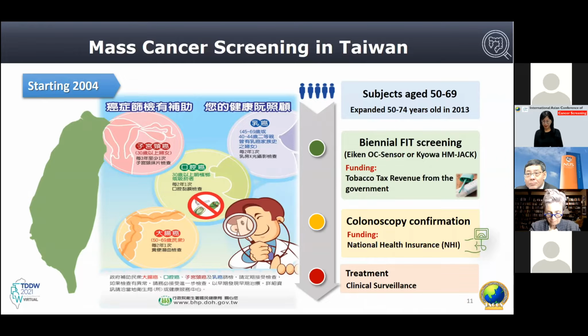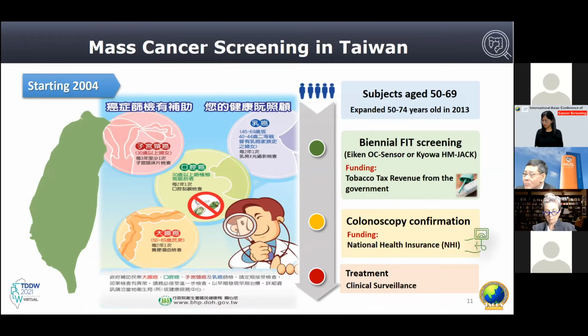We offer biennial FIT to the general populace aged 50 to 69, and the upper age limit was then increased to 74 in 2013. One of two separate FIT kits, ACAN or QWA, was selected by each municipality according to its own purchase process. The funding of biennial FIT screening is from our annual tobacco tax revenue.